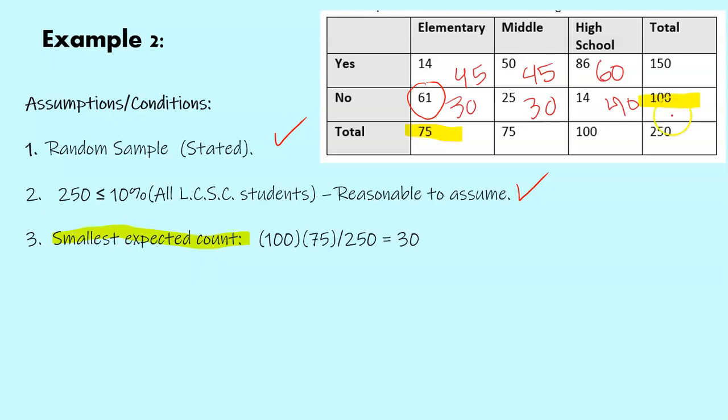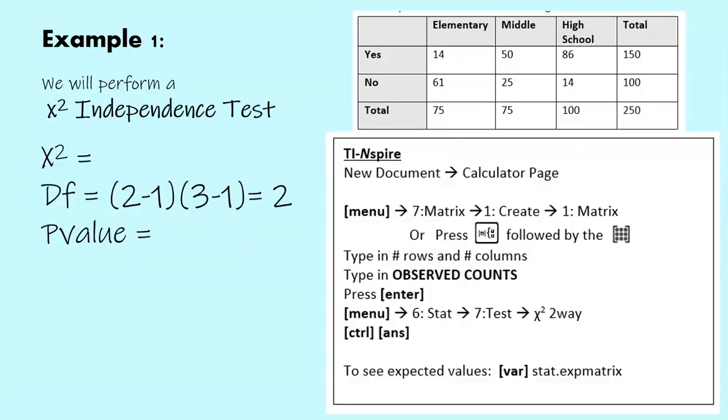That would be row total times column total divided by total, that's 30. If the smallest expected count is greater than or equal to 5, then all expected counts will be greater than or equal to 5. And I went ahead and wrote the other expected counts in the table. Now you could do those by hand in your calculator, or you could maybe write them in at the end after you run your chi-square test.